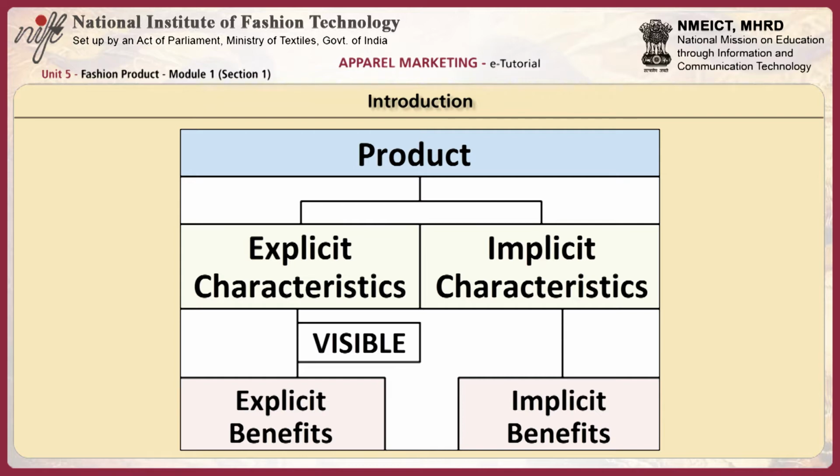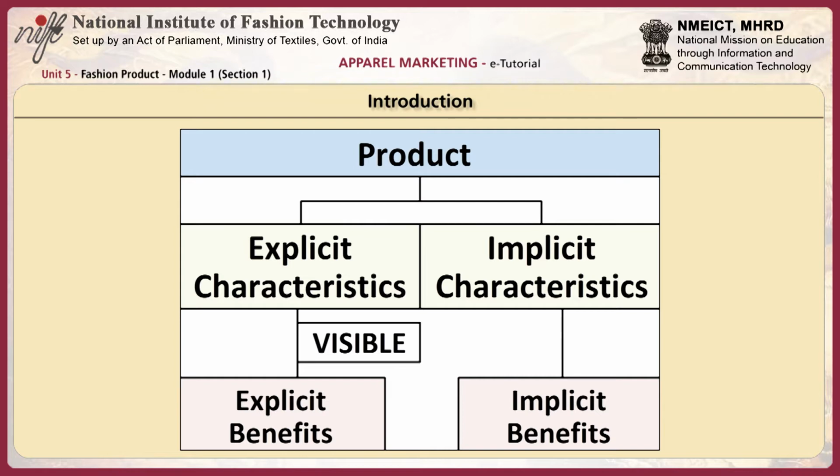The product's explicit characteristics are visible since they are representative of physical elements, consequently providing a conventional, albeit imperfect, definition of product.